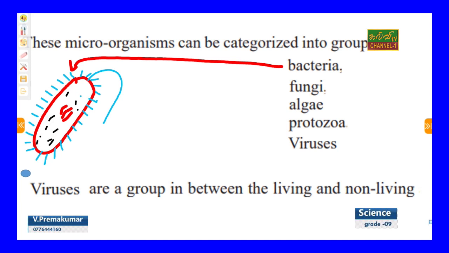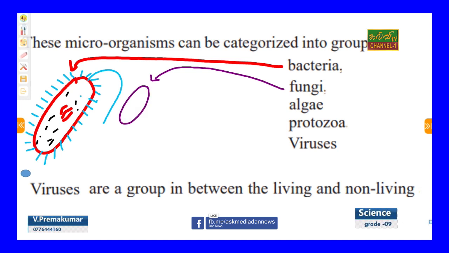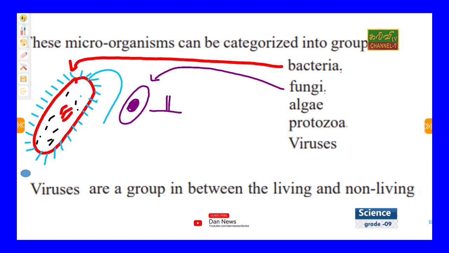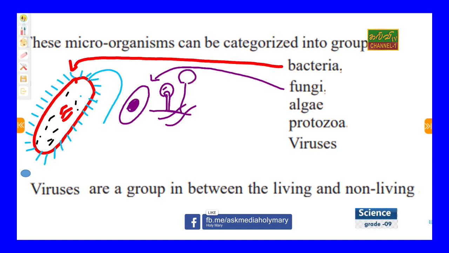This is bacteria. When you consider fungus, yeast is also a kind of fungus. And penicillium, mucor, those are kinds of fungus. We will study them clearly later. This is a special group, that is fungus.